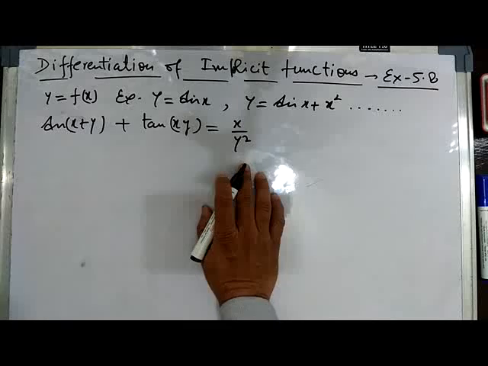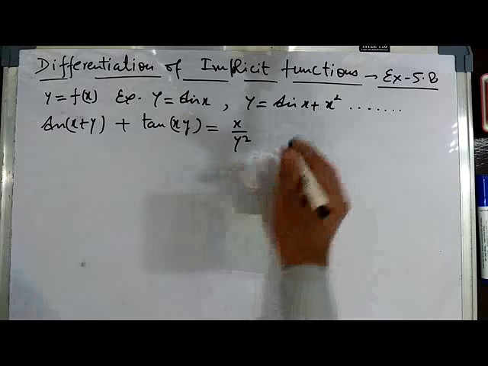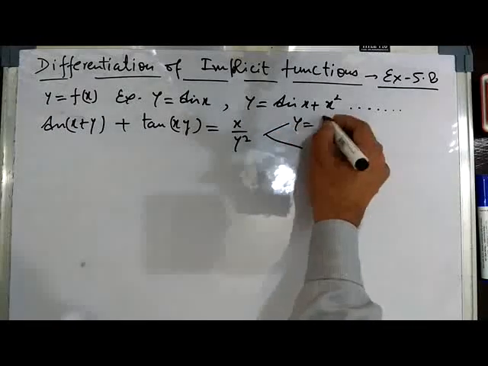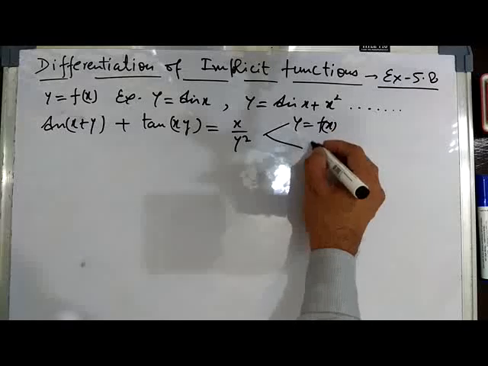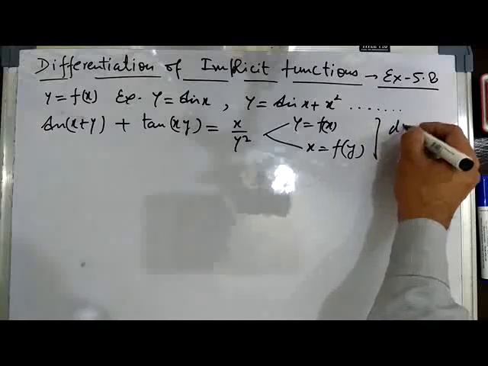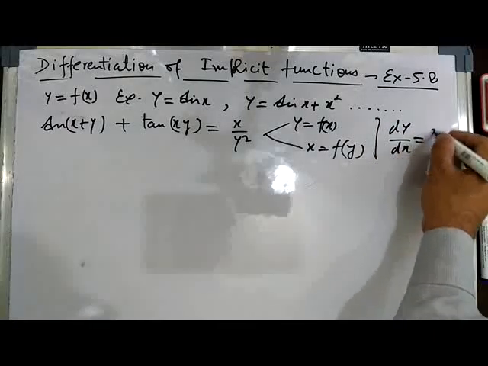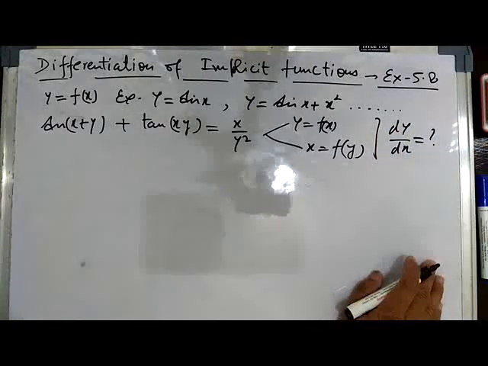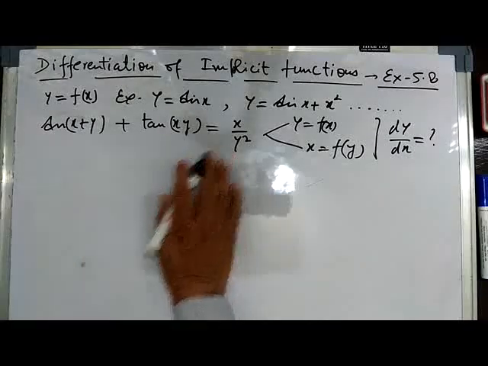Now it is not clearly distinguishable whether y is a function of x or x is a function of y. But our need, in most of the cases, is to find the differential of y with respect to x. Then what to do, how to deal with this?